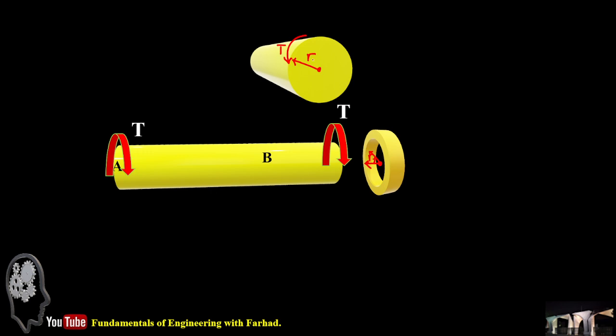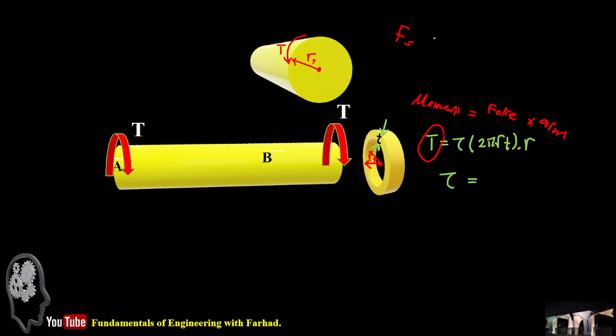So this is tau, this is R1, and the torsional torque, if you remember, is a kind of moment, and any moment is a force times the radius. Our force is a stress times the area, and the area for the annular plate is 2 pi r times thickness. So that's 2 pi radius thickness, and the r is also R1. We just call it r here as a general term.